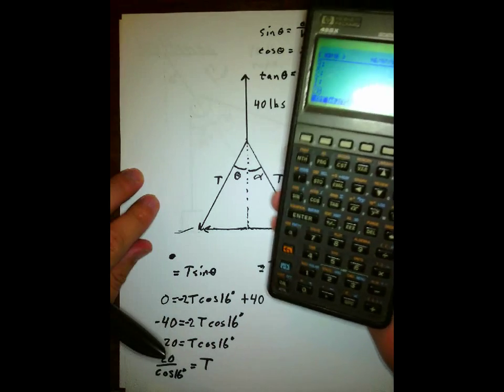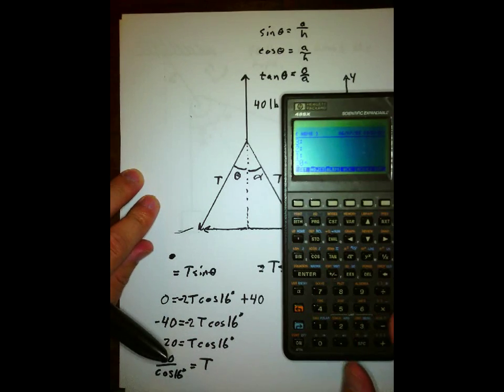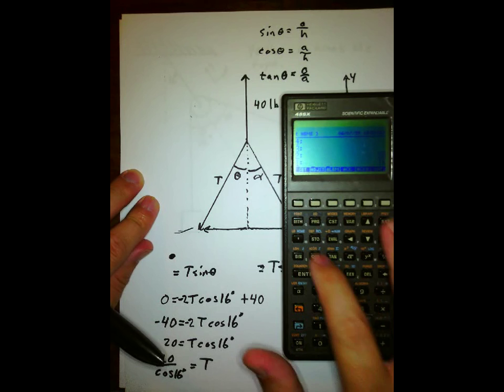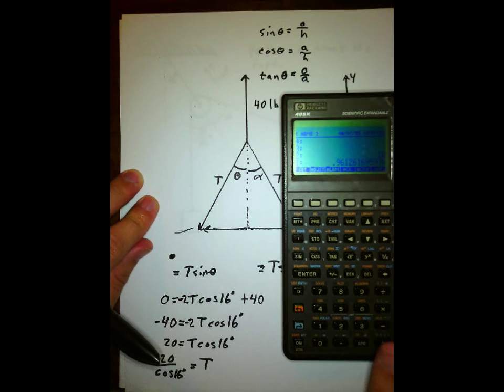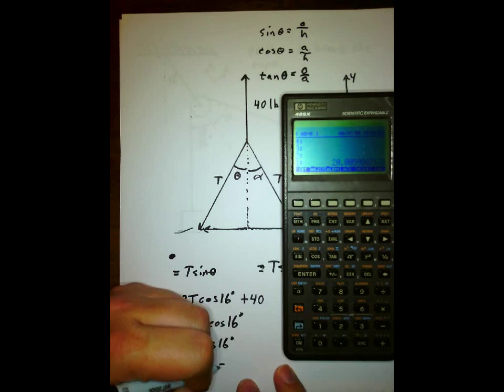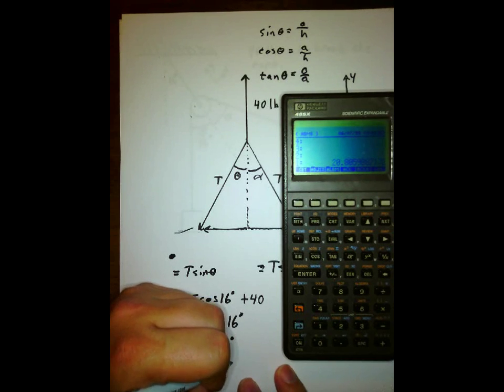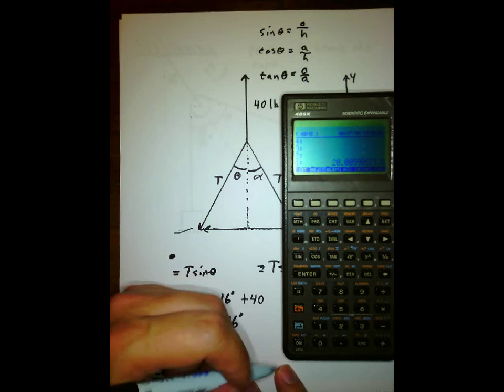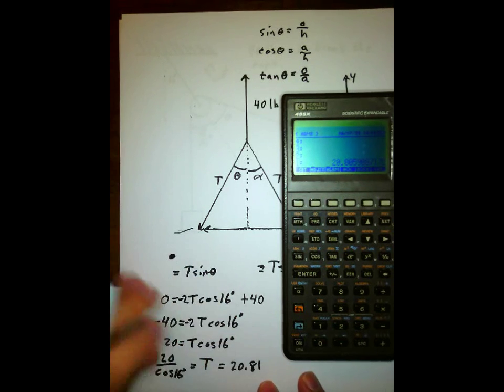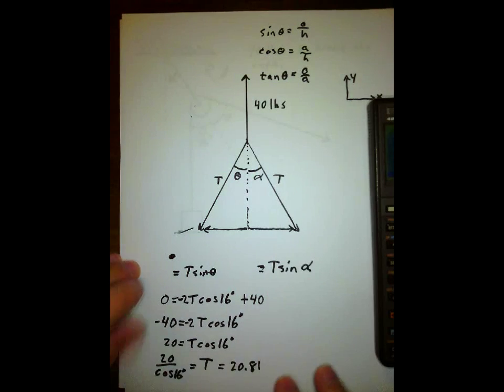My calculator is a little different than what you're used to. There's 20, enter, 16, enter, cosine, and divide. So the tension in the rope is going to equal 20.81, and that was pounds.